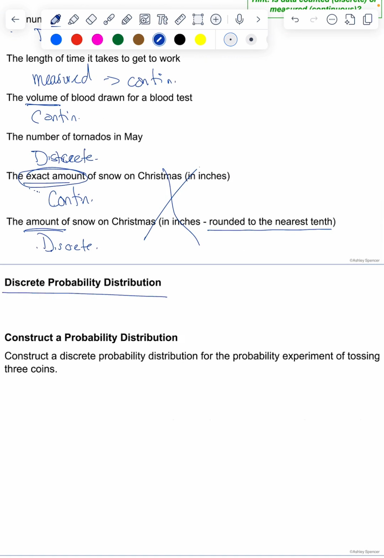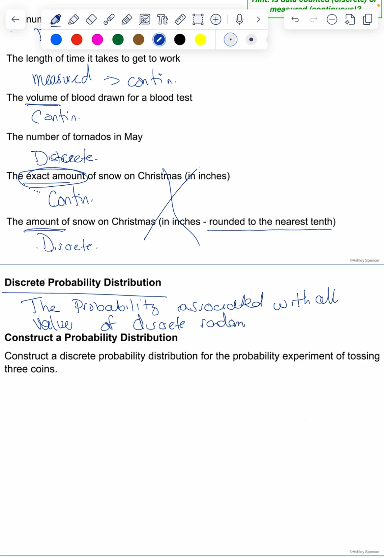Now, what is a probability distribution? Well, a discrete probability distribution is the probability associated with all values of discrete random variables.